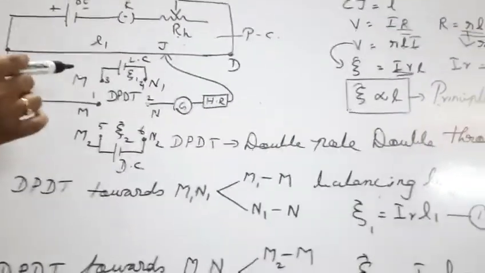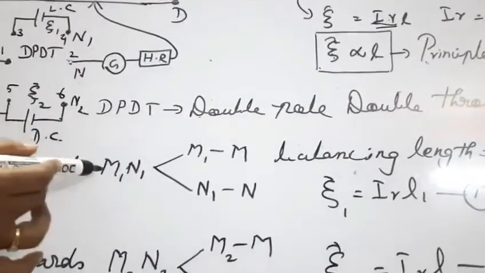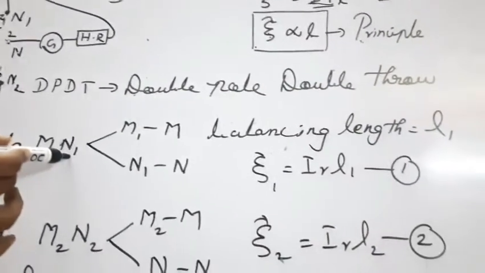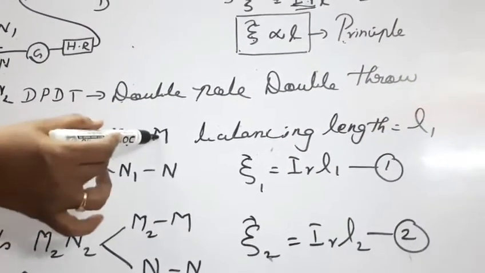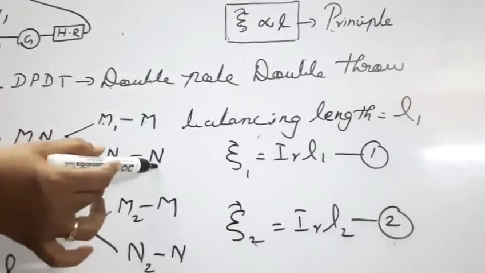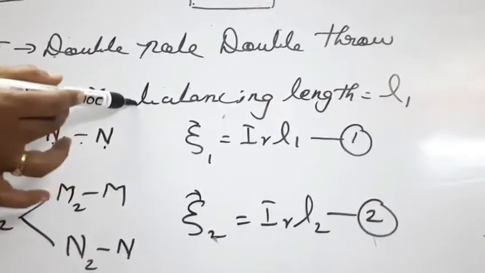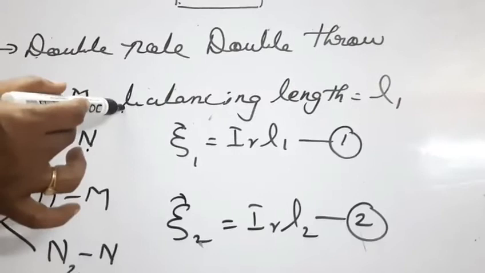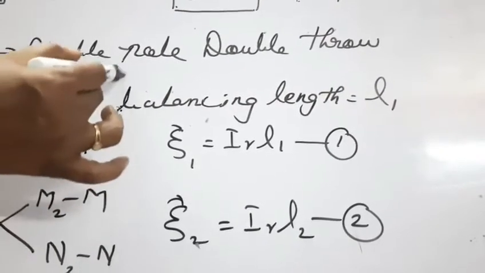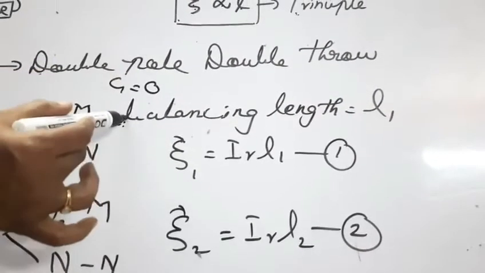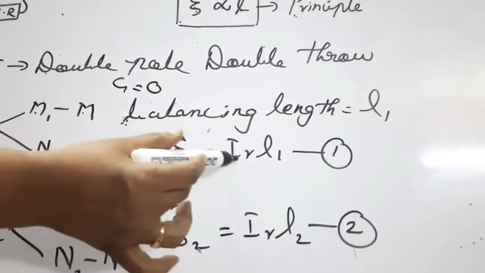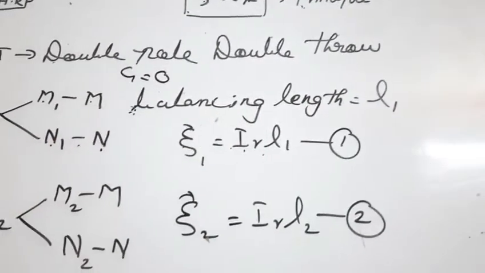Now the DPDT switch is towards M1 N1, therefore M1 is connected to M, N1 is connected to N. The balancing length is L1. What is known as the balancing length? At that time the galvanometer shows zero deflection. Therefore psi1 equal to IrL1. This is equation 1.